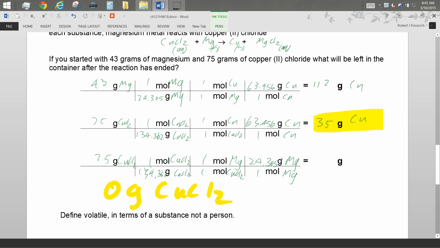So 24.305 times 75 divided by 134, and I get 14 grams of magnesium.